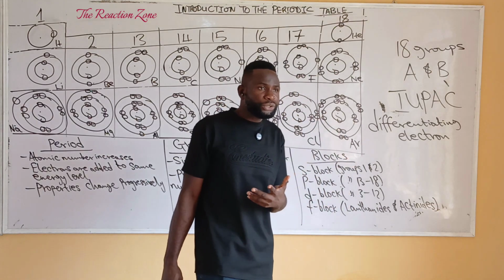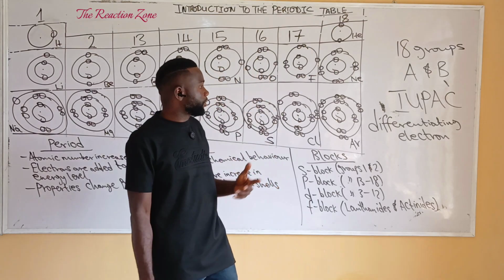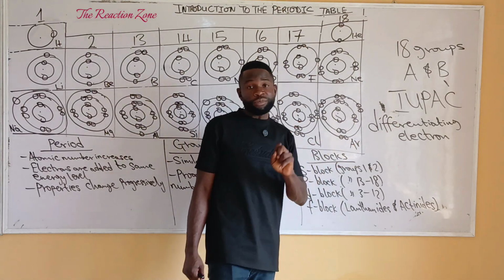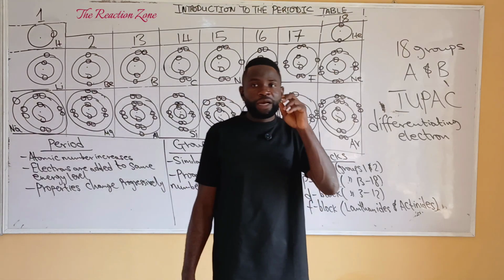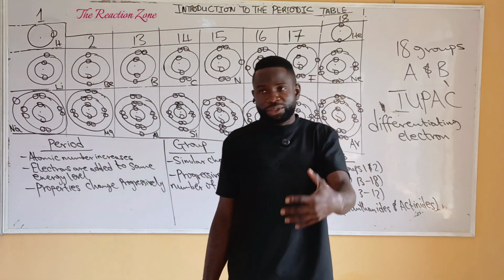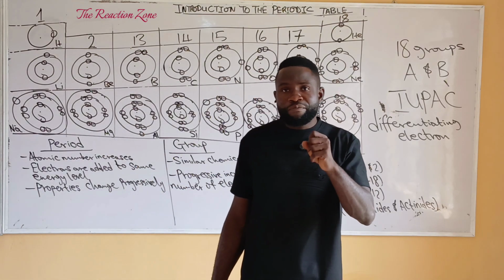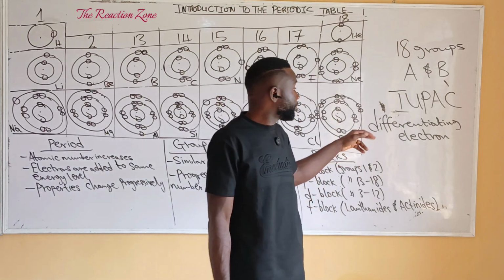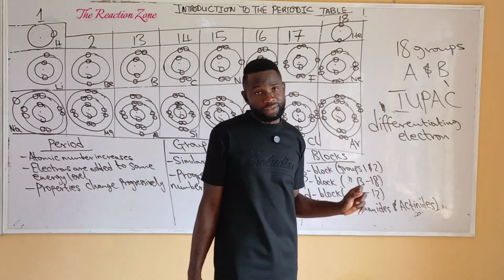The last electron of an atom of an element is usually called the differentiating electron. So this means that elements can be arranged in blocks based on the type of orbital in which the differentiating electron enters.